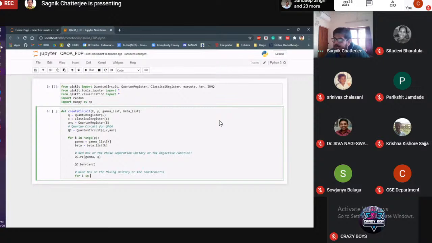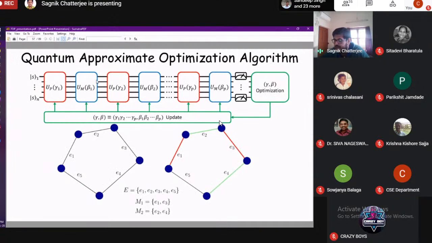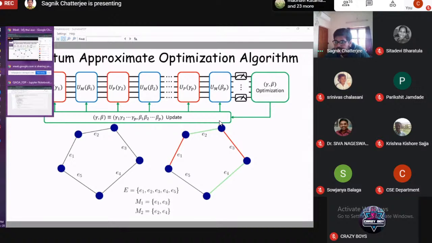Just before coding it up, let's take a look at this graph. What we said earlier was that these edges must not have any common endpoints. In order to do that, we must make sure that whatever edges are already present in our matching do not get disturbed by new edges coming in. You'll see what that means.